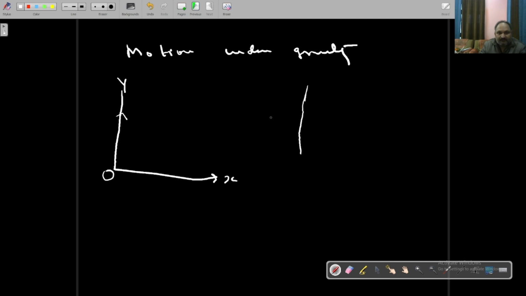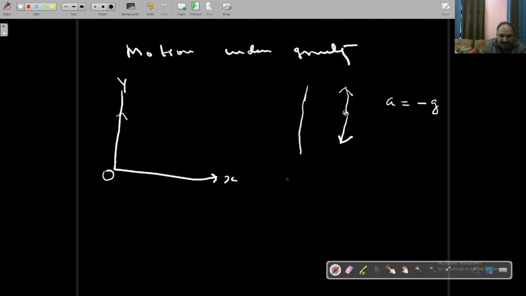Okay, so first let us understand. Here is the motion wherein positive y is considered to be the direction of motion, and acceleration due to gravity is acting downwards. So acceleration will be replaced by minus g in all the three equations.